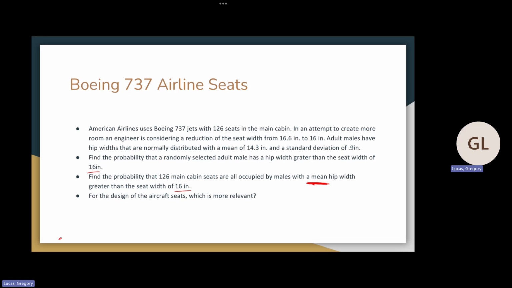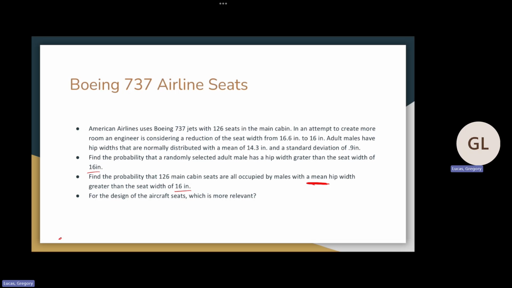So thinking about that, that means every time you board a flight, 3% of adult males have a chance of having a hip width greater than the proposed seat. So that sounds like a big deal. Since if every time there's a 3% chance that someone's not going to fit in the seat, that's a problem for every single flight if this is a problem that you occur all the time.